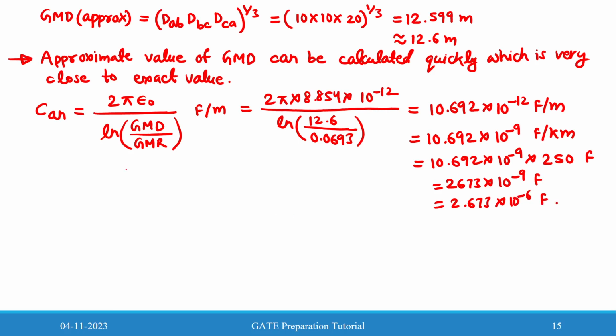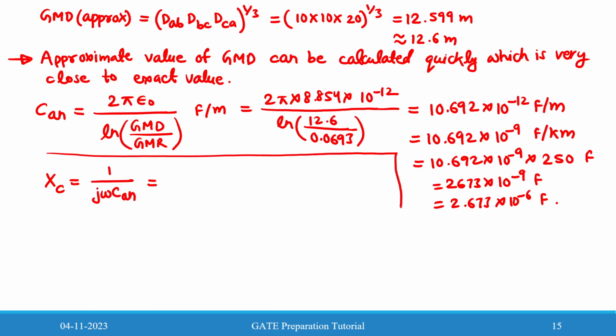Now we need to find this XC. How can we find it? XC will be 1 divided by j omega CAN. Therefore the magnitude of XC is 1 divided by omega CAN.